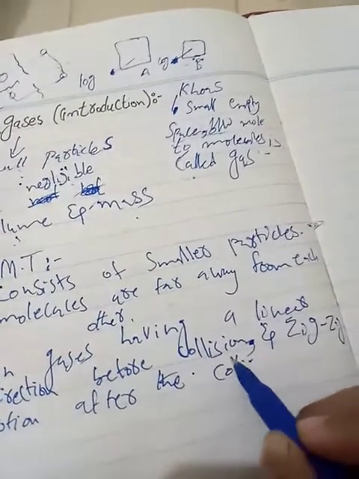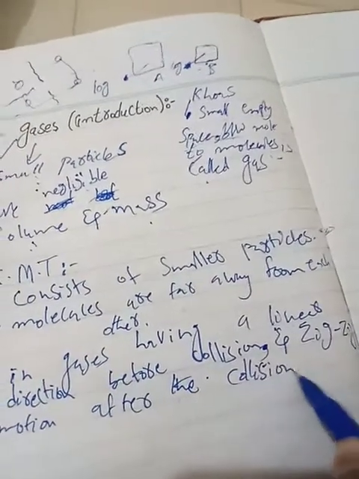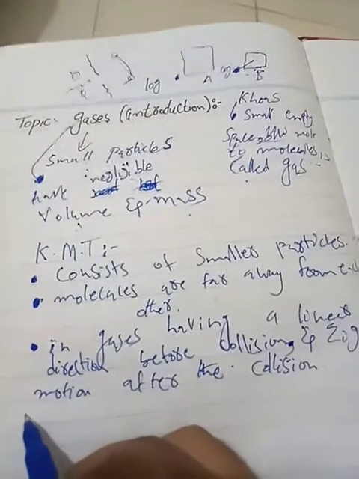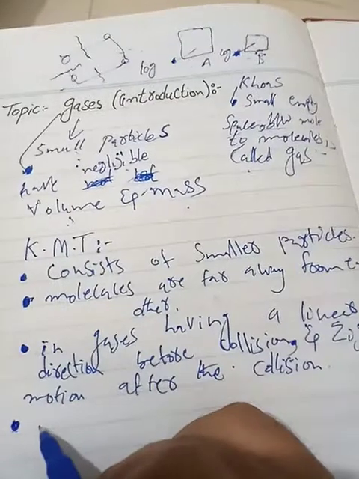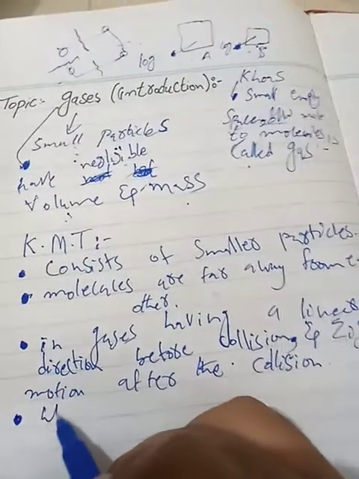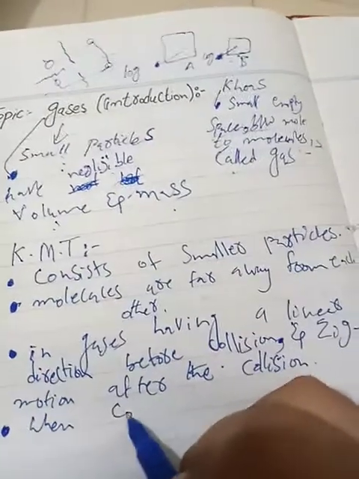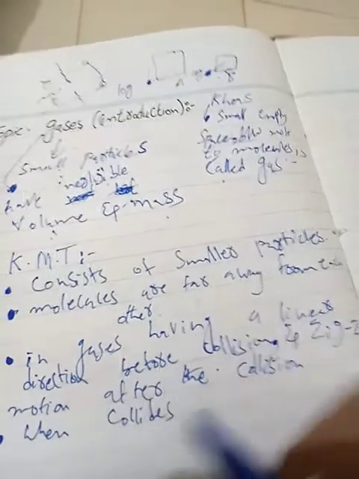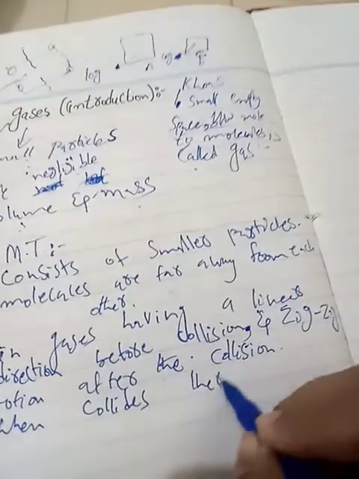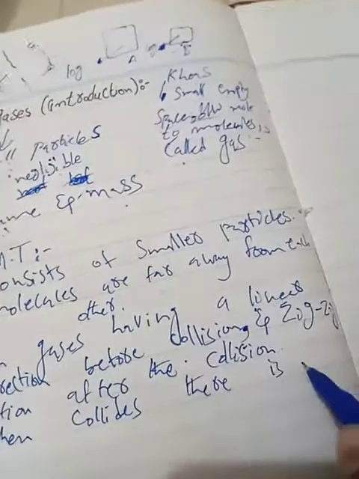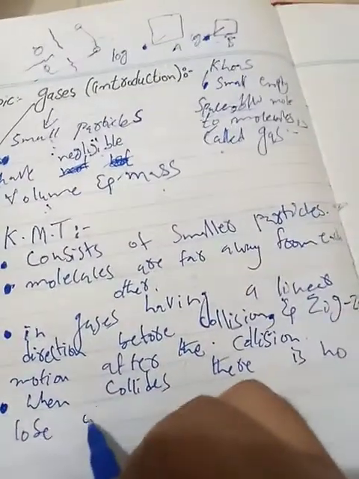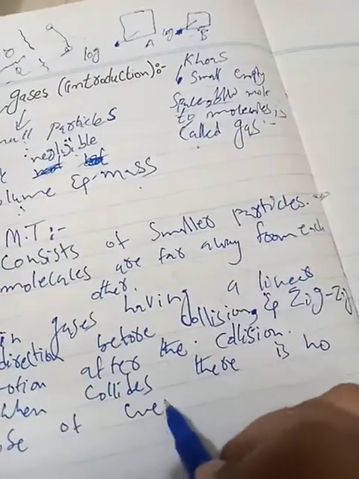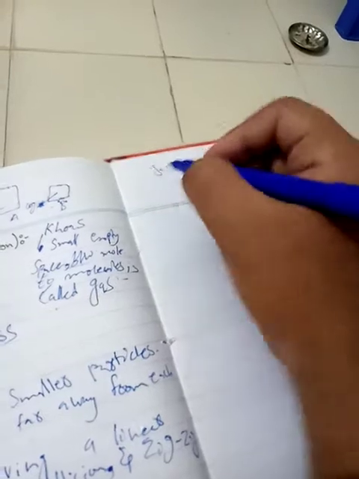One more thing about kinetic molecular theory is that when molecules of gases collide, there is no loss of energy. Why is there no loss of energy? I will clear that up. For example, here we have a gas molecule.